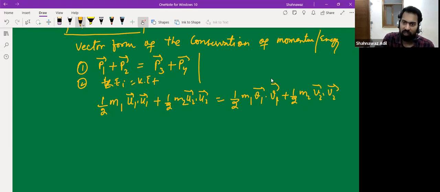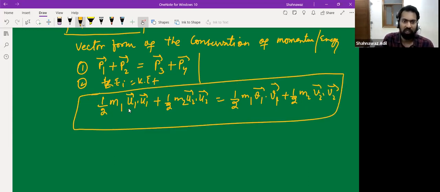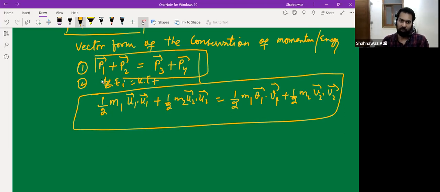So this is the form of the kinetic energy in vector form, right?